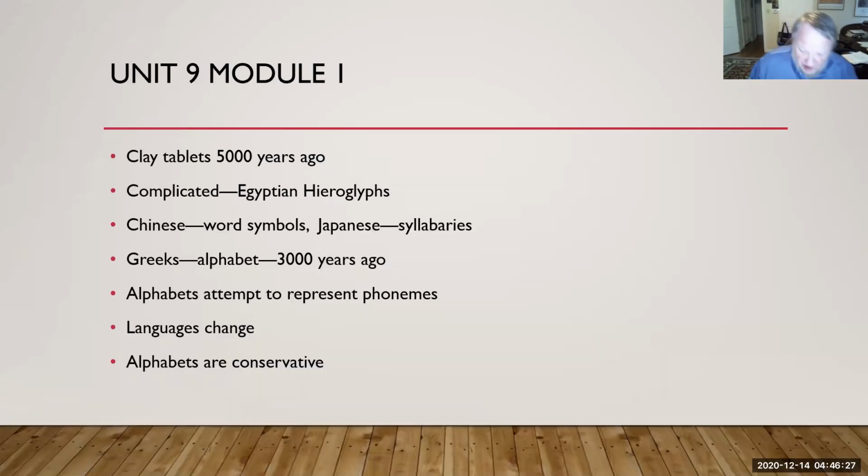Okay, so let's give an example of how complicated this early writing system was by using Egyptian hieroglyphs. As you know, we found them on many monuments in Egypt, and they are well documented, and we have many examples. And so that's why this is the easiest way to give you an example of these very early writing systems.